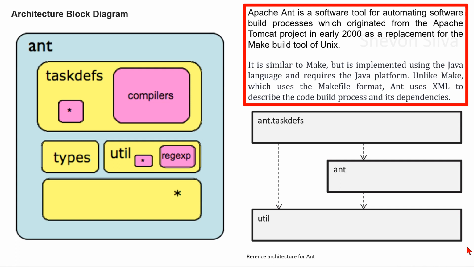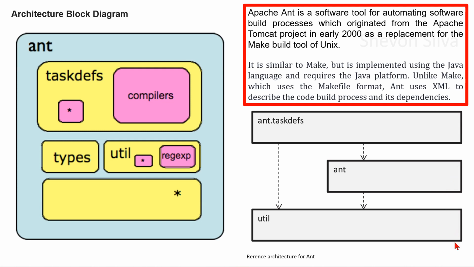This figure shows Apache Ant design time architecture with its major packages and allowed dependencies among them. The architecture has three major components: an utilities library, Util, an automation and notification framework, and a set of task definitions, Taskdefs.